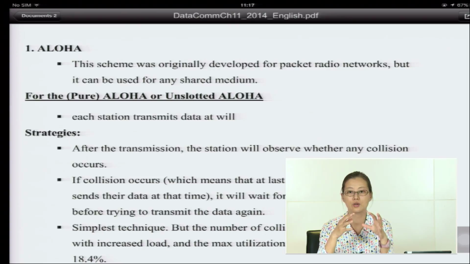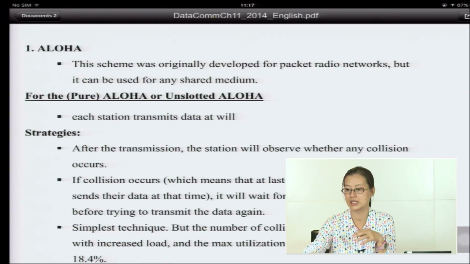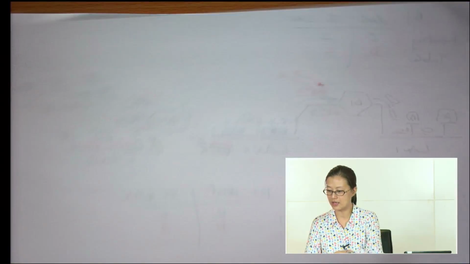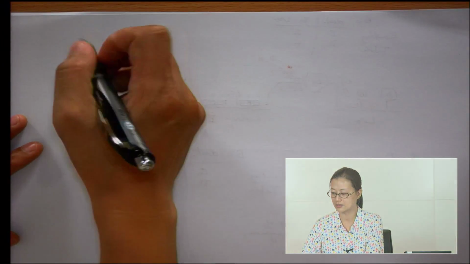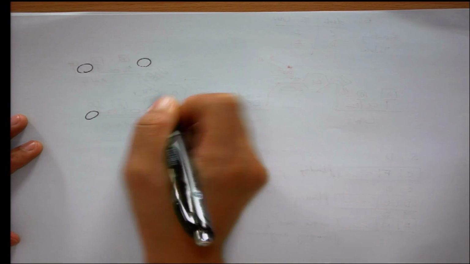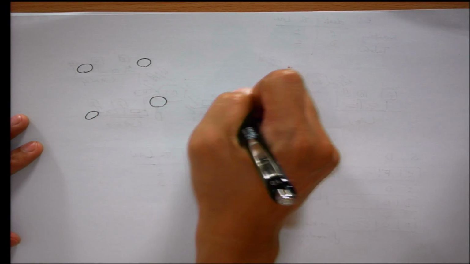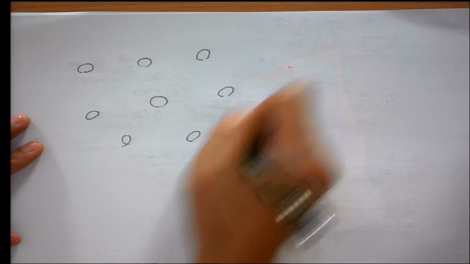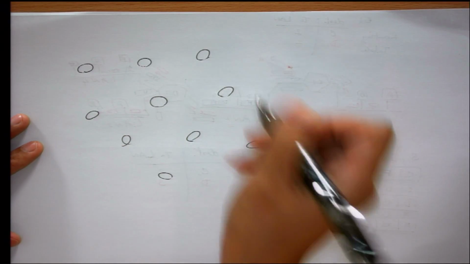If you know the Hawaii islands, they have many islands together, and they want to communicate between the islands. So you have many islands here, and you want to talk to each other, right?